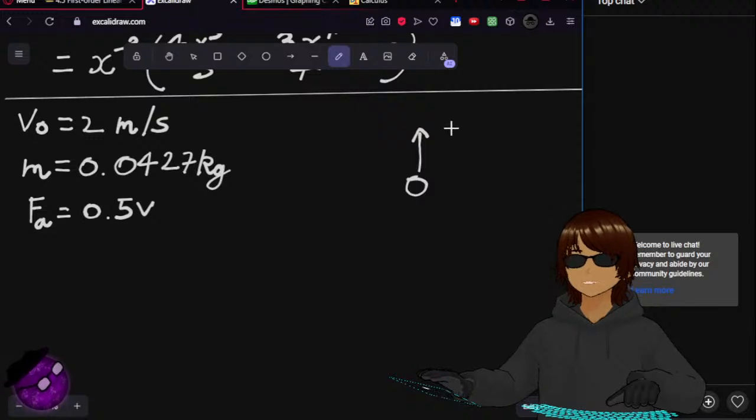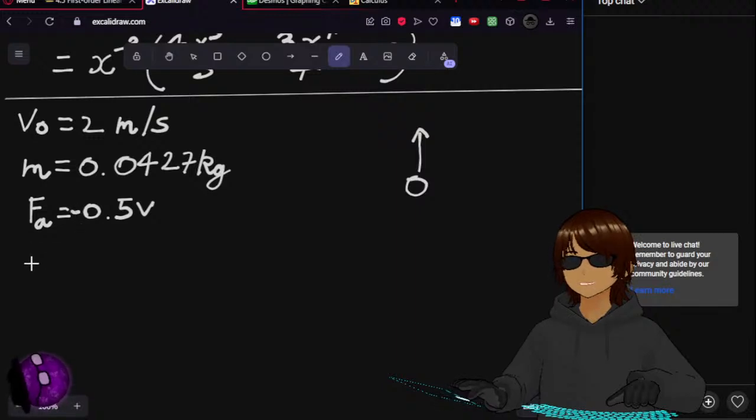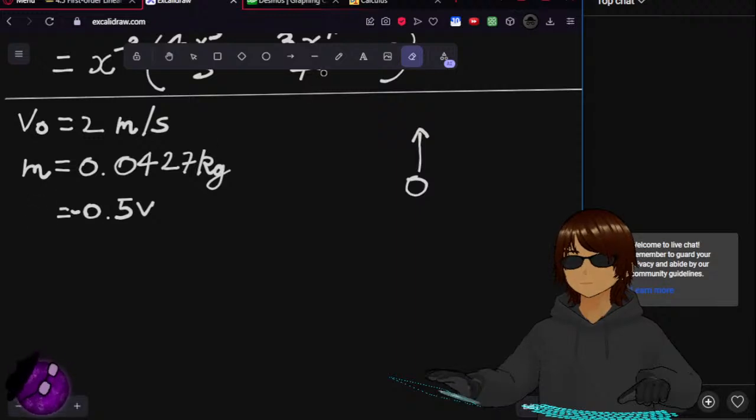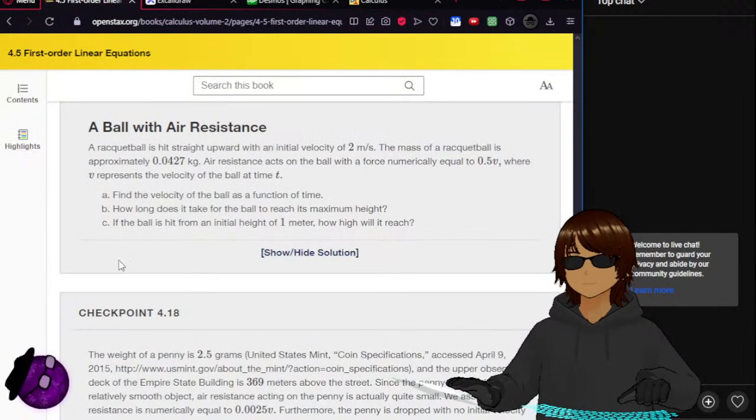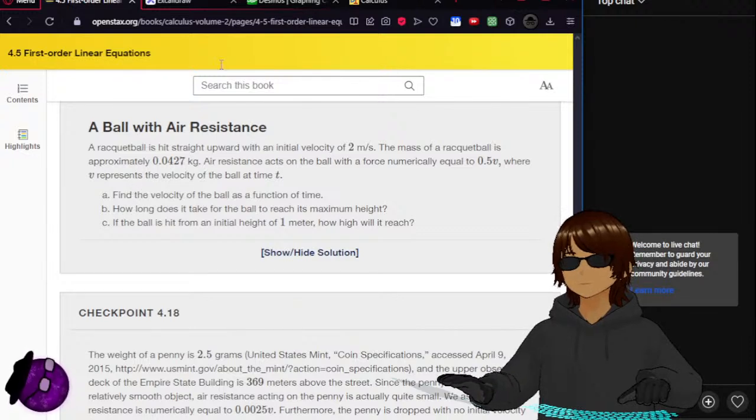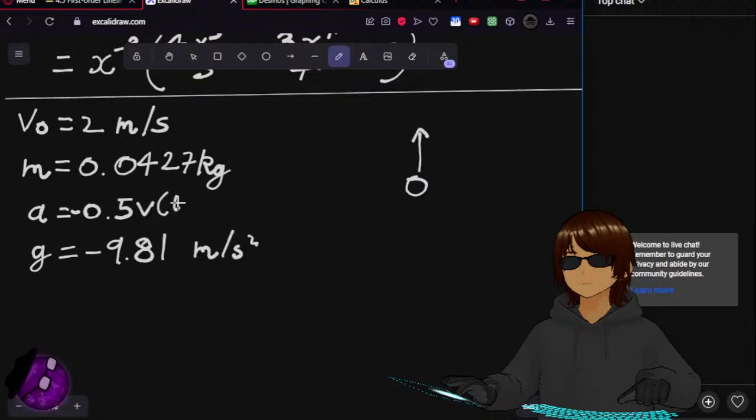So the ball is going upwards. Air resistance is slowing down the ball, right? So it should be minus, and then air resistance, gravity, where v represents the velocity at time t.